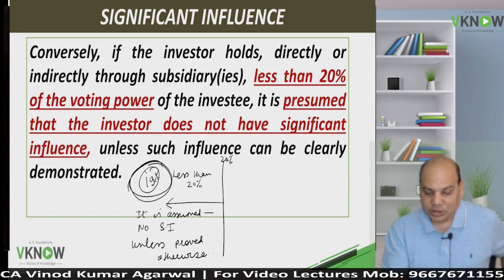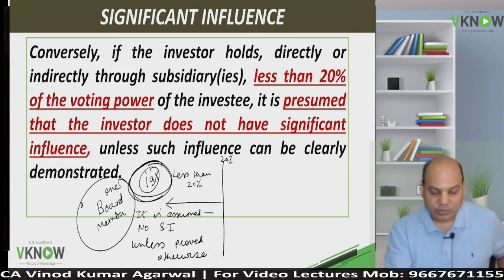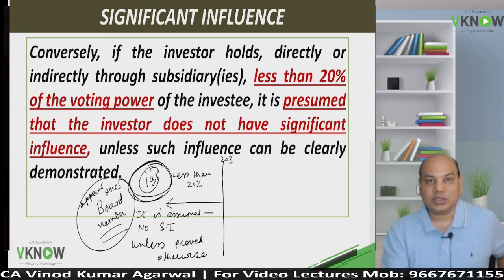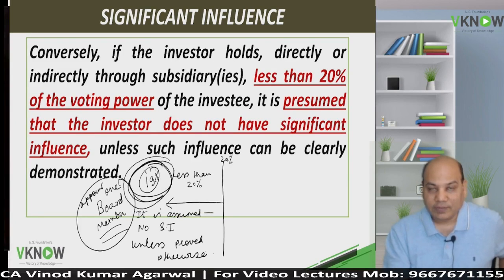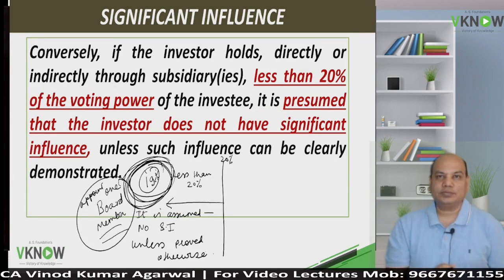With 19% holding, suppose you are able to appoint one board member. A board member is a person who participates in the financial policies of the company, and therefore this company, with even less than 20% share in the voting, will be following Accounting Standard 23.